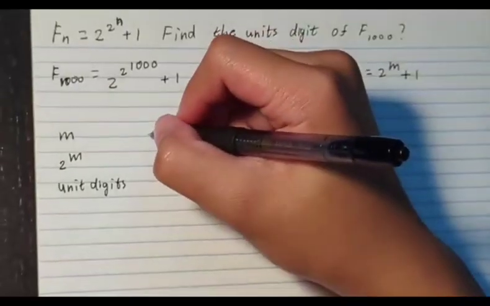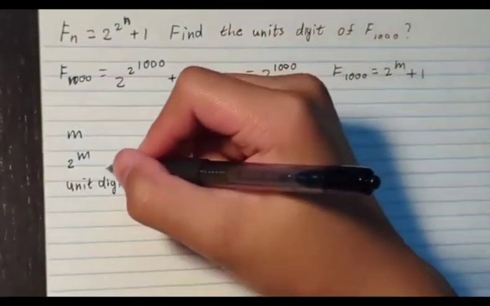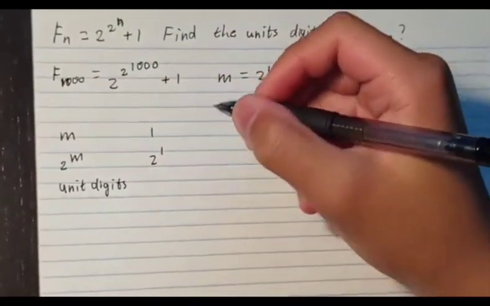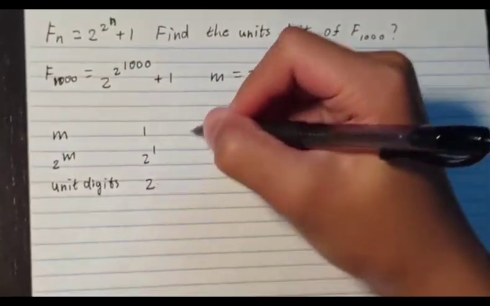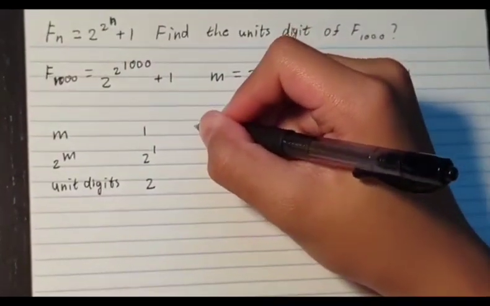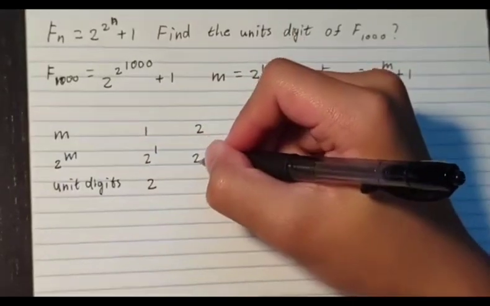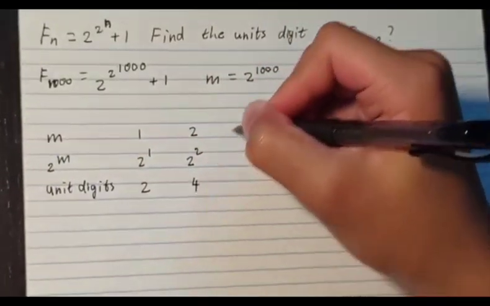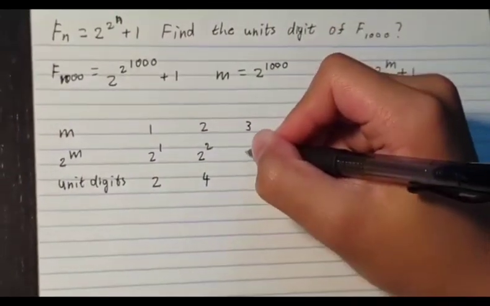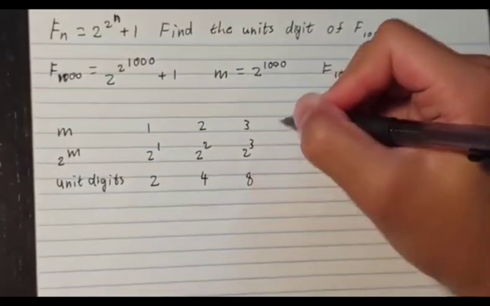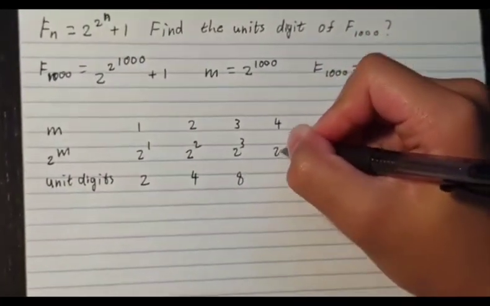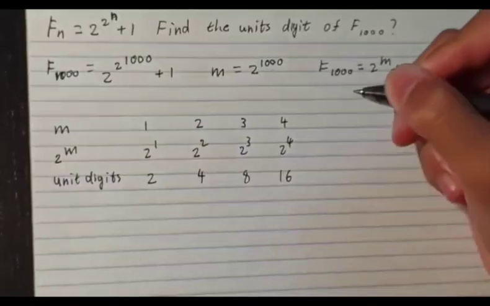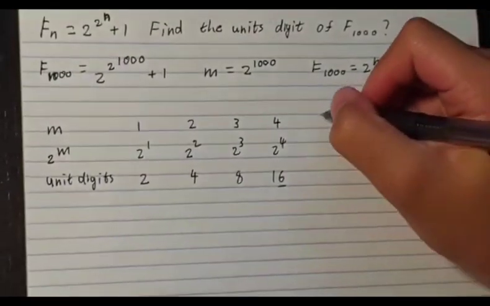So when m equals, let's say 1, 2 to the power of 1, the unit digit is 2. When m equals 2, 2 to the power of 2 is 4. When m is 3, 2 to the power of 3, 8. M is 4, 2 to the power of 4, 16. Now this is double digit, so we have to underline that.